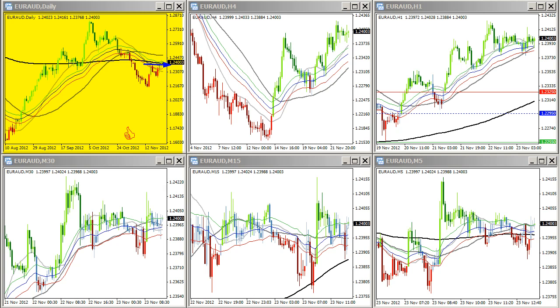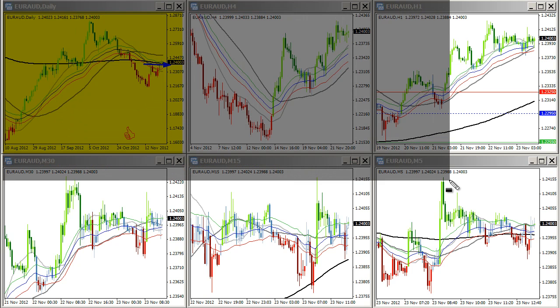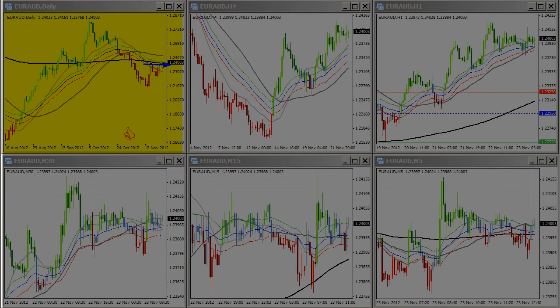The easiest way to eliminate a pair absolutely from consideration is to take a look at the daily, see that it has no trend, and then very easily remove it from consideration completely. Boom, gone. That's the most conservative way of doing it.